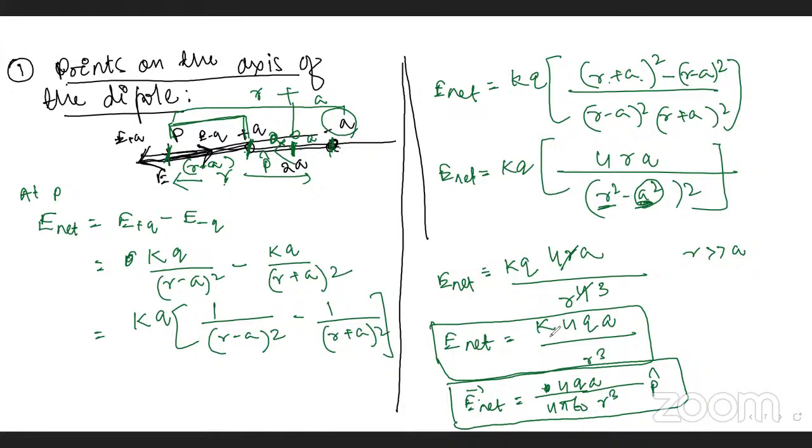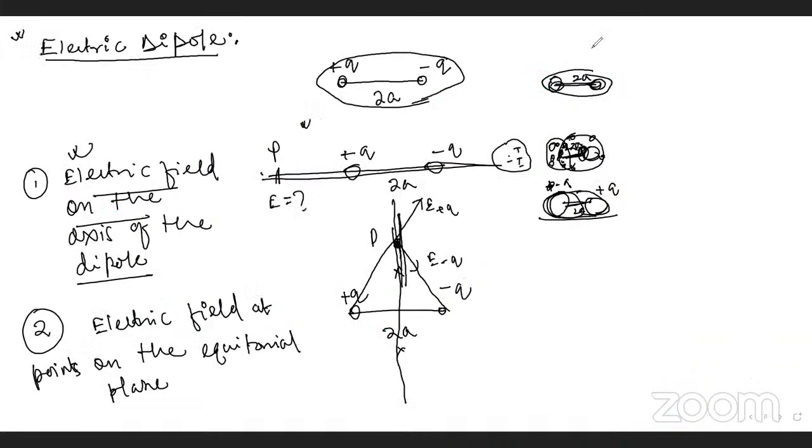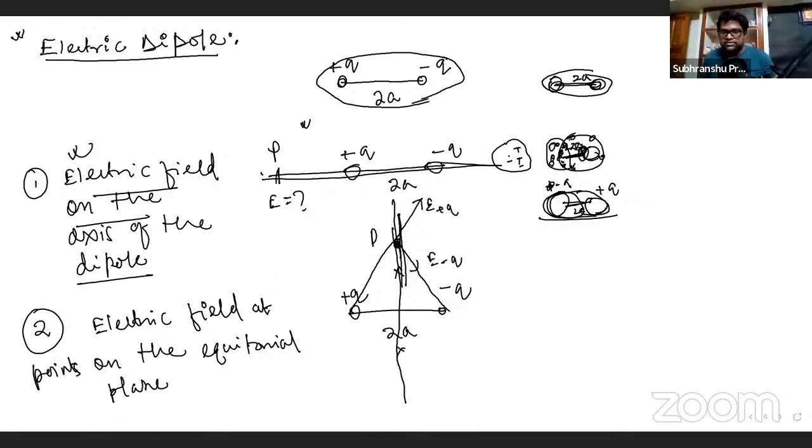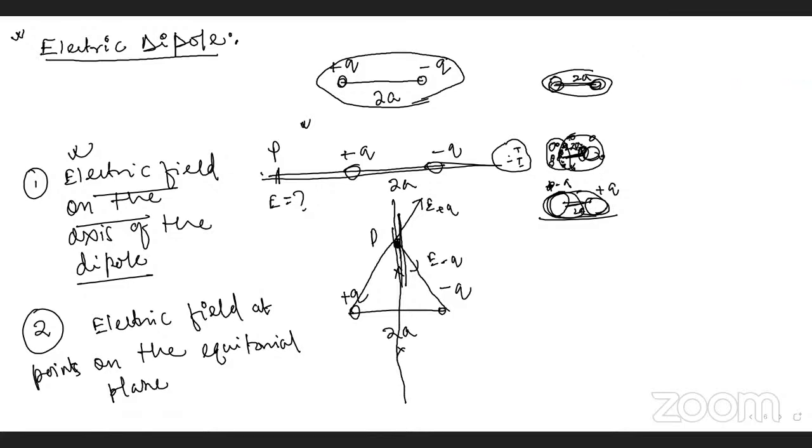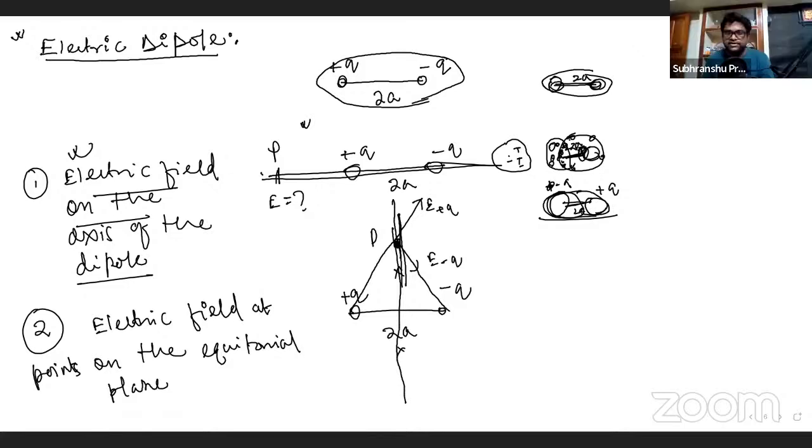This is the derivation for points on the axis of the dipole. Just note it down today, and I'll send you these slides. Also practice and solve a few questions based on that from NCERT.